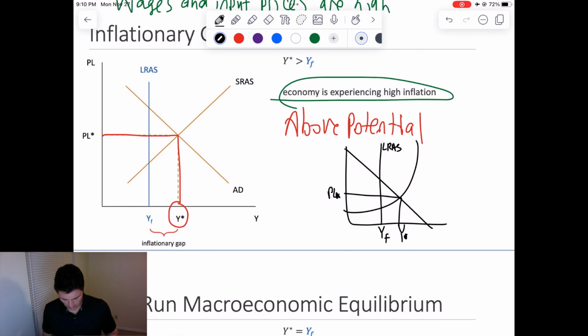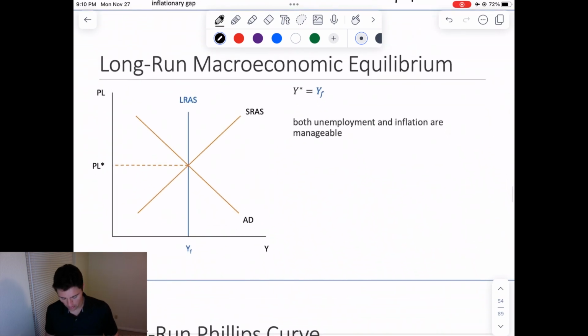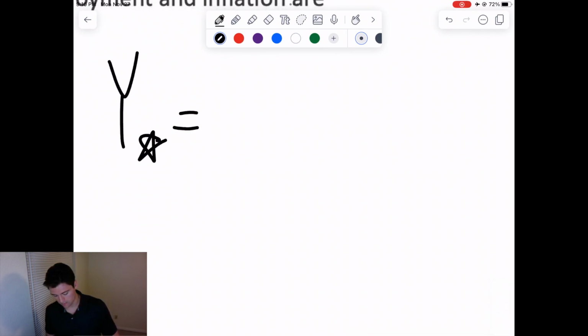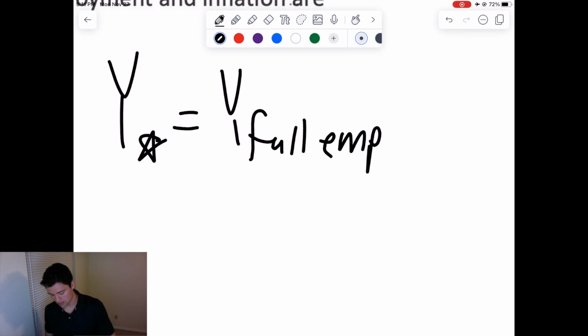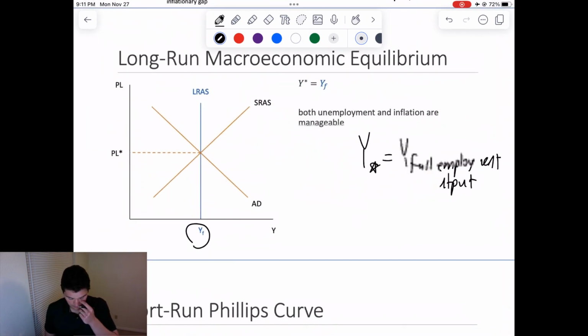Okay. Finally, we have equilibrium, where basically you are at your natural rate. So your current is at your full employment output. So you're in equilibrium.